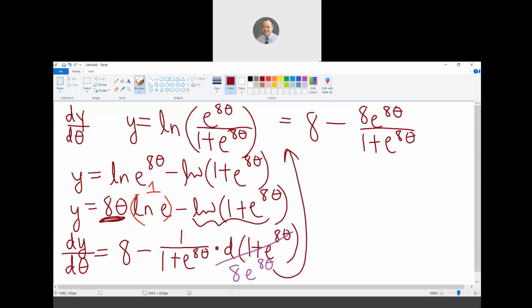Now, I do want to go a little bit further because some simplifying will actually happen. We can rewrite the 8 with the common denominator, 1 plus e to the 8 theta, all over 1 plus e to the 8 theta. And let's bring over our second fraction.